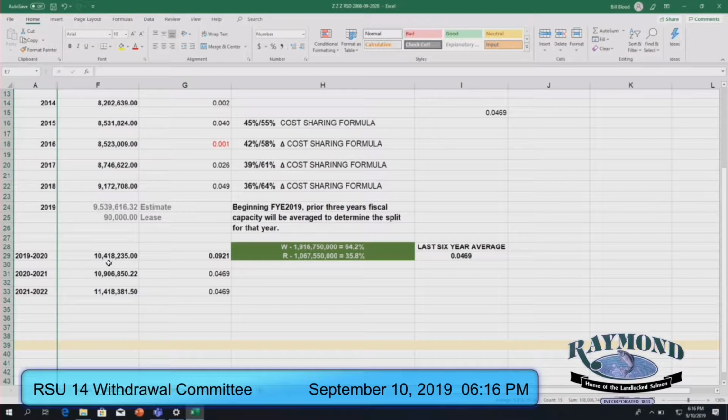Because what has to be established is, ultimately, you can extrapolate some of that stuff back out, but the exercise is to say, okay, if we were to have this done today, we know what the budget is that we're doing from the RSU.